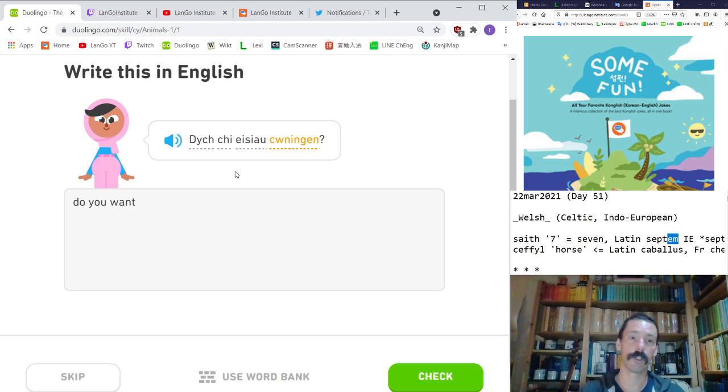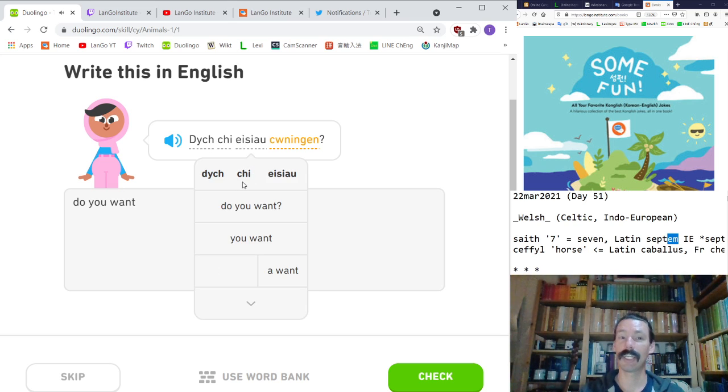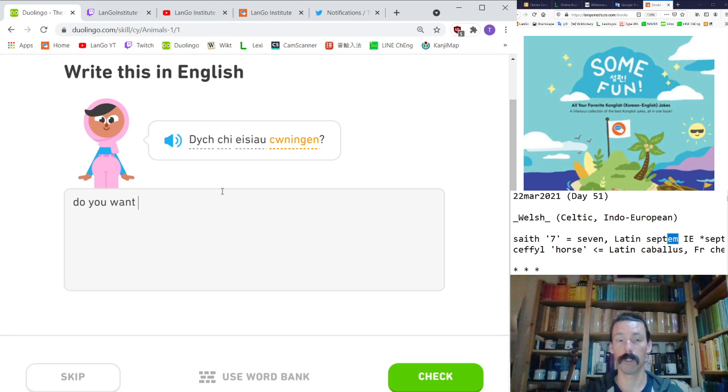Instead of being that contraction, chi'n, which we're seeing in every other verb, here it's just pronoun and verb, I think. Well, it's got to be dych, the verb of being, and the chi is the pronoun you. And so the ch of the pronoun seems to have rubbed off on the verb there, or maybe it's something else. Do you want cwningen, a rabbit?